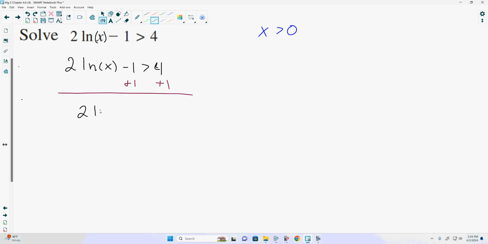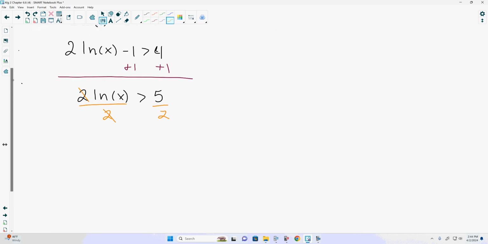So it's a little bit easier if we add the 1 to both sides, so we're not dividing 3 things by 2. Because now we have 2 ln of x is greater than 5. If we divide both sides by 2, we're only dividing 2 things, which will tell us that ln of x is greater than 5/2.